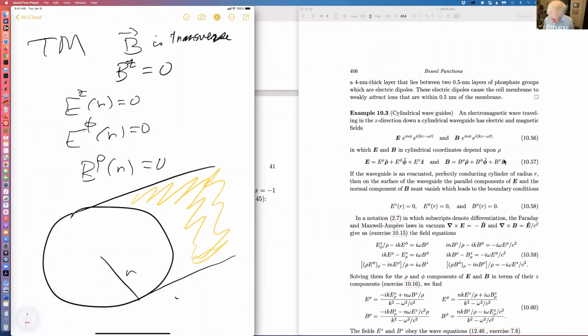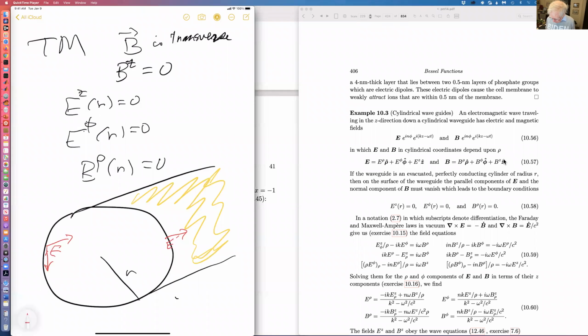The electric field in this direction has to vanish when it's right next to, so over here would be a better picture, right next to the copper conductor, and also the field in the phi direction, which is that way. So this one is going down the tube, this one is going around the circle. They're both parallel and adjacent to the copper, so the electric field vanishes.